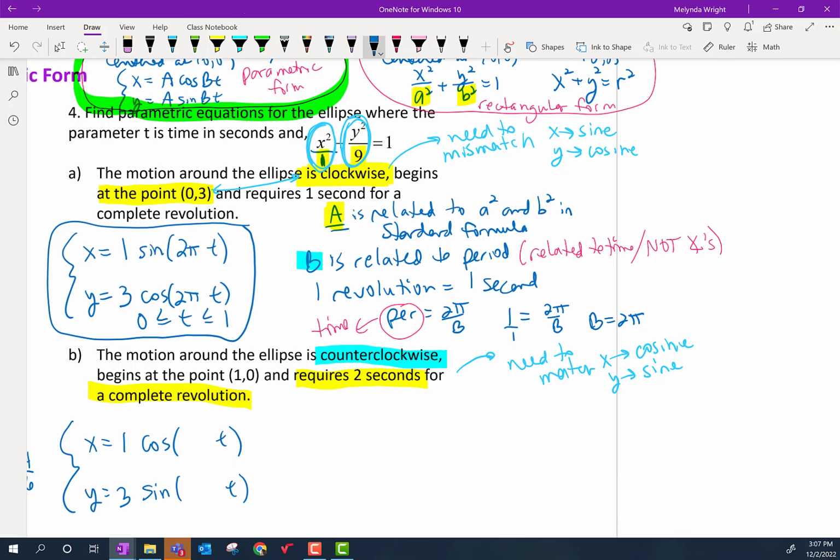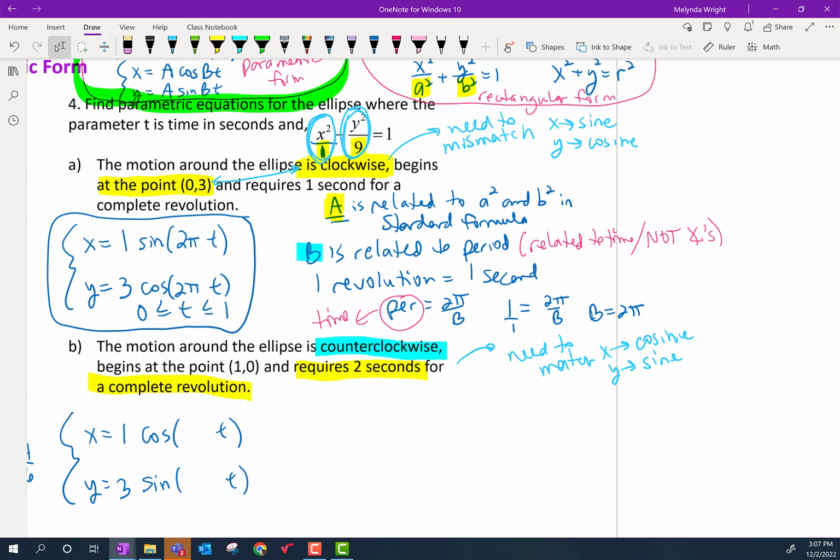It's the same as in part A. Okay, the only difference, so we had 2 differences. One, it's counterclockwise, so we had to match them the proper way, shall I say. And the other is we have a different period. This time for 1 revolution, it takes 2 seconds.